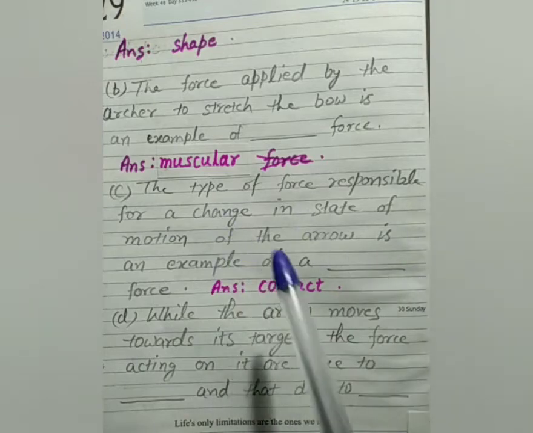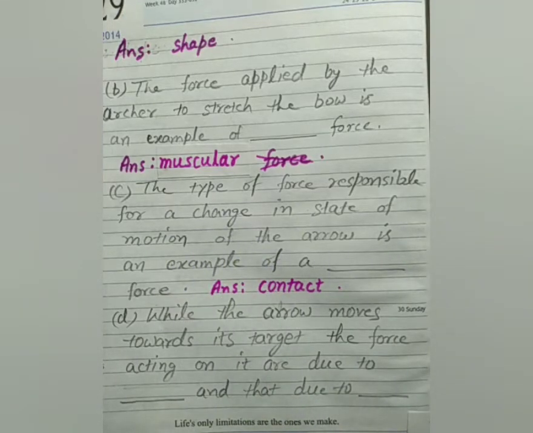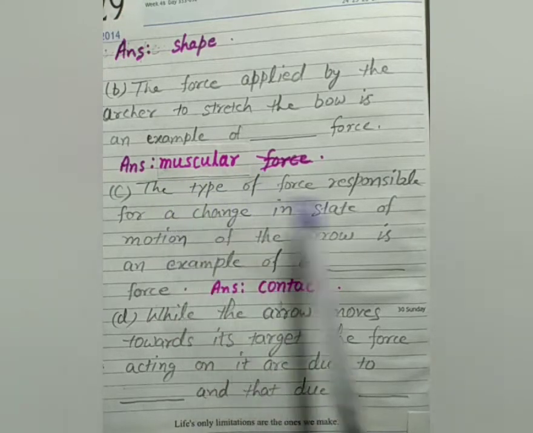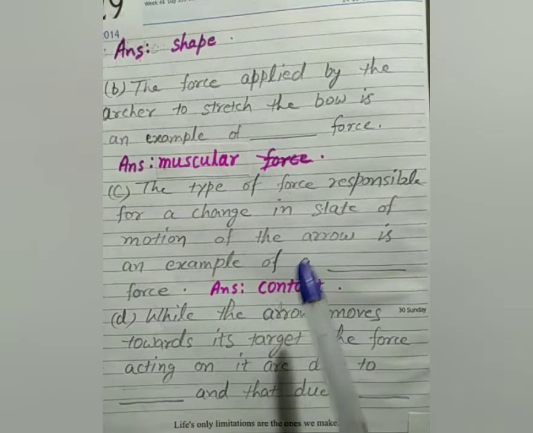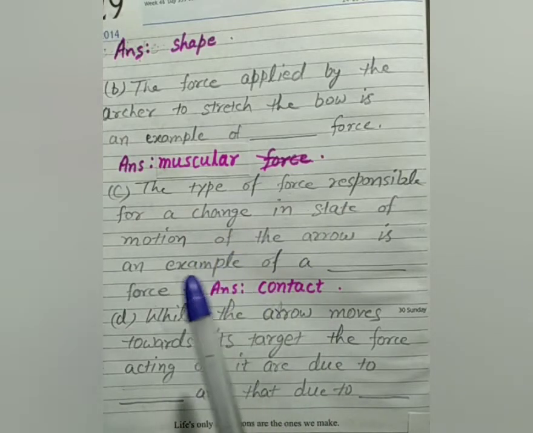Here, the force responsible for a change in the state of motion of the arrow is exerted by the string of the bow, obviously, and the string remains in contact with the arrow, so it is a type of contact force.